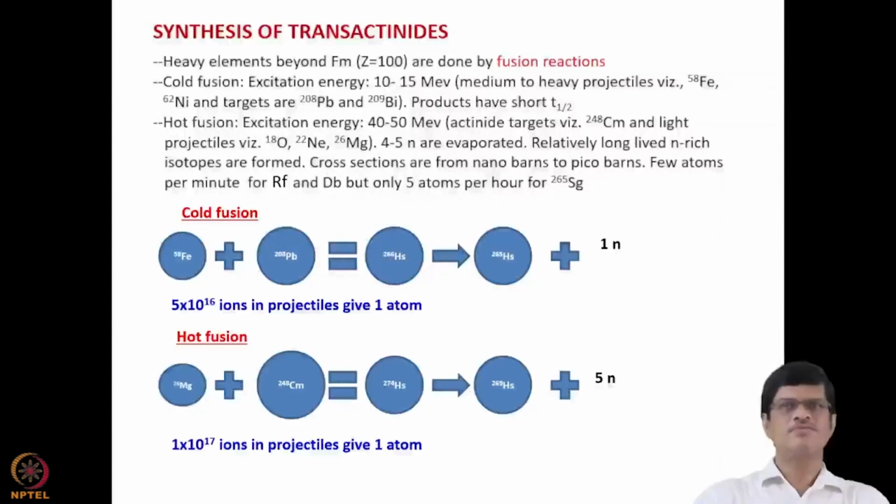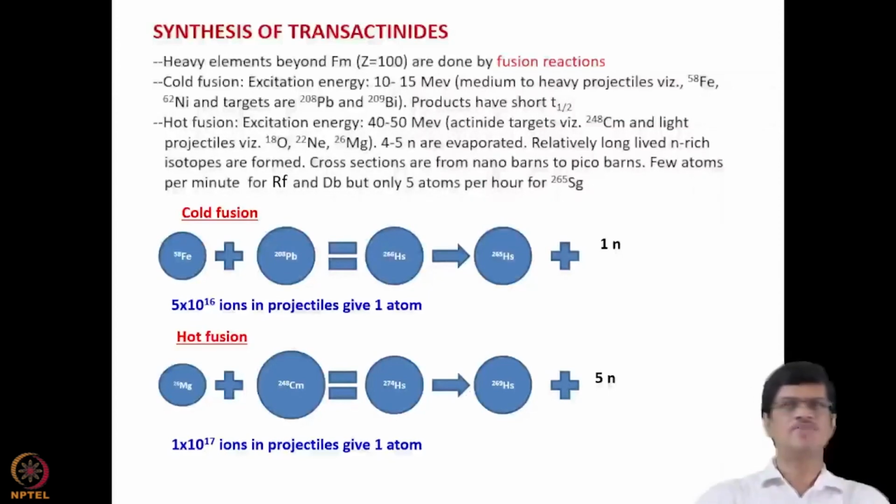So in that case, we use medium to heavy projectiles, that is iron 58, nickel 62. These types of projectiles are used, and the targets are lead 208 and bismuth 209. In this case, relatively neutron deficient products are formed, and the products have relatively short half-life.